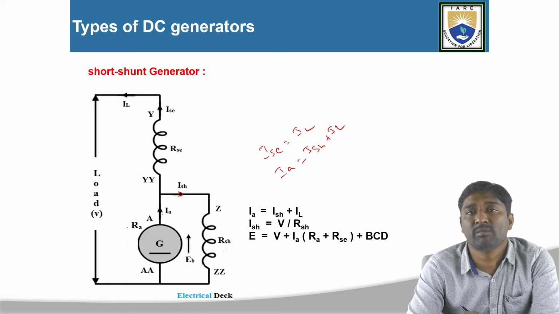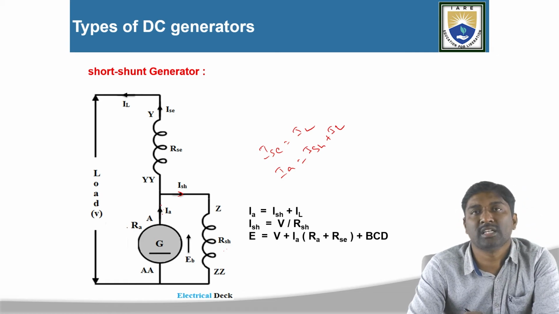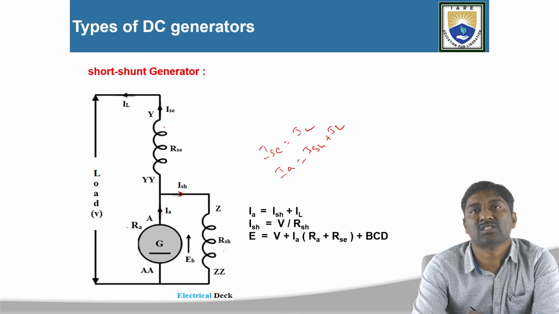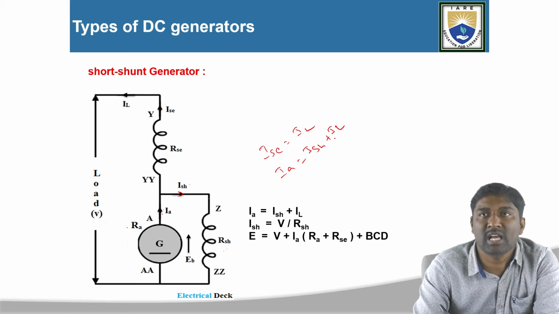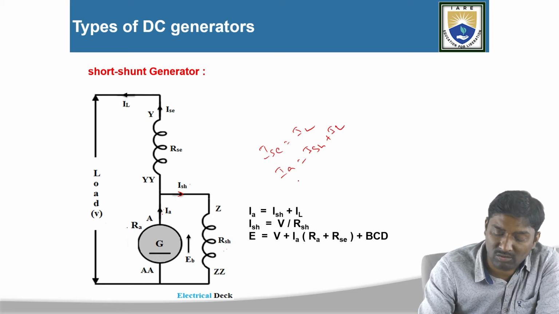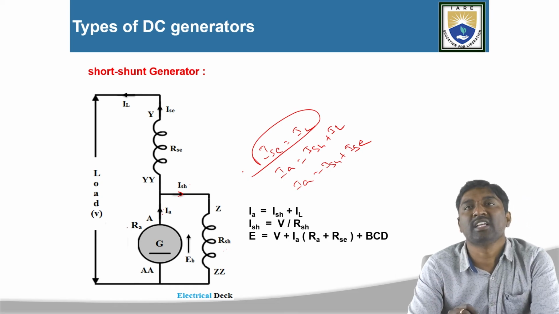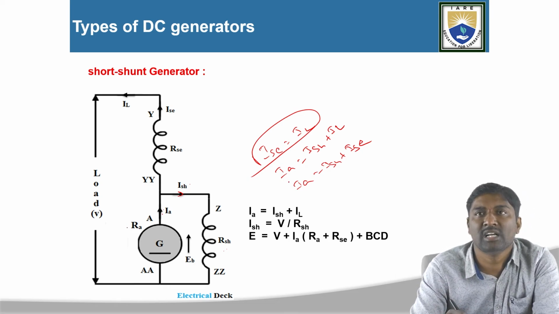Current entering the node will be equal to current leaving the node. Which current is entering here? The armature current is entering, and the shunt field winding current is leaving and the series field winding current is also leaving. So I can write IA is equal to ISH plus IL, and also IA is equal to ISH plus ISC, because ISC is equal to IL. That's why I am writing the current equation like this.